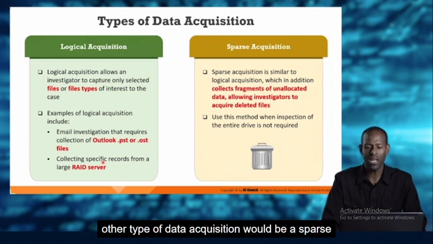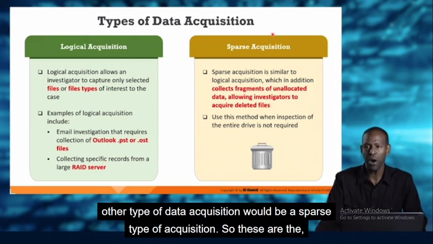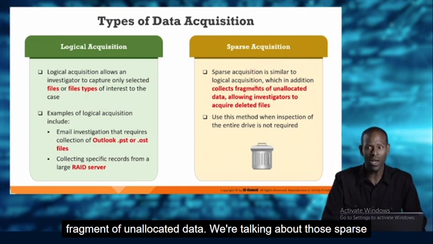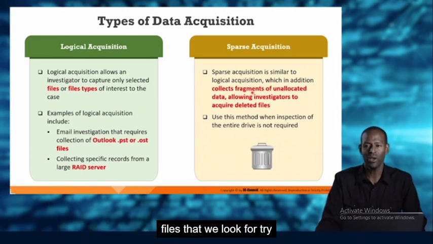The other type of data acquisition would be a sparse type of acquisition. So these are the first two. There are more. And this is similar to the logical, but we also have fragments of unallocated data. We're talking about those sparse files that we look for, or try to get those deleted files.